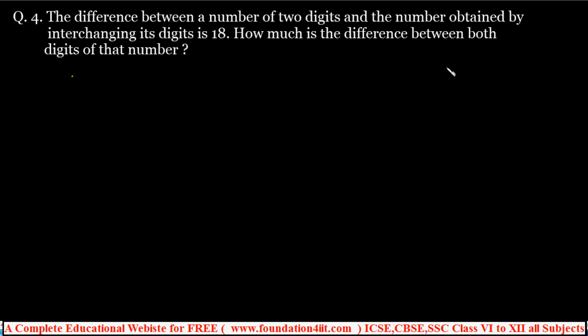So if you take any two digit number, I'll explain with a small example how to take the condition. Let us take 23 as one number. In 23, 3 is in the units place and 2 is in the tens place. If you expand this, 23 is nothing but 10 into the tens place digit plus 1 into the units place digit.